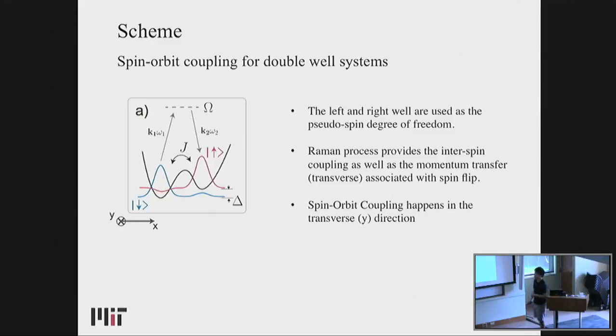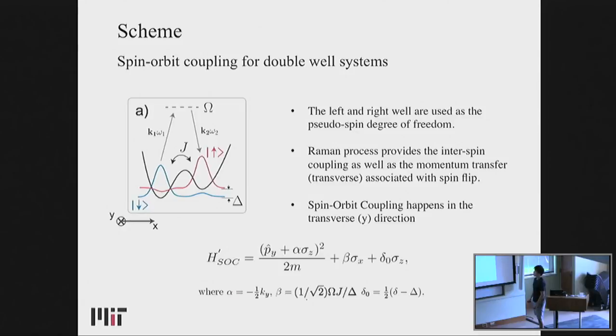So when atoms are transferred from left to right, they get a momentum kick along the y direction. When they are transferred back, they also get a momentum transfer along the y direction, but with the opposite sign. That is the basic idea of the spin-orbit coupling in our scheme.